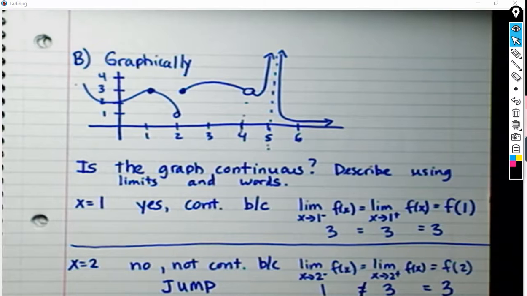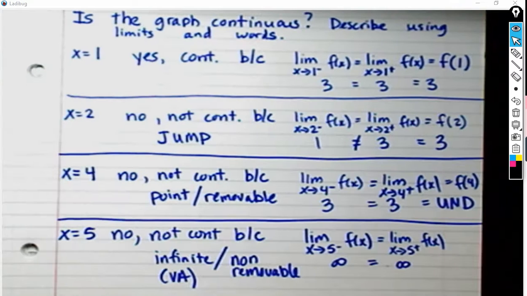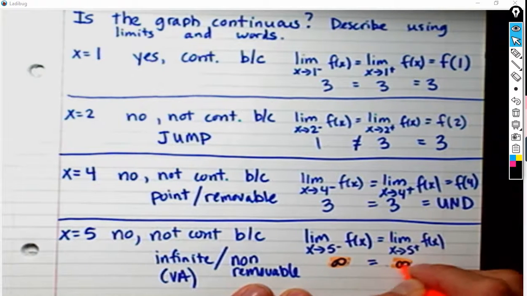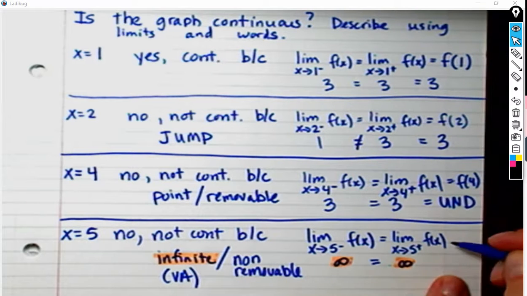Lifeline. Infinity. Thank you. Okay. Infinity. From the left, the graph is pointing up. The limit as x approaches 5 from the right. Carrie, over here. Yes, infinity. So the left and the right are actually the same. But because of the infinity, that's why we get the infinite discontinuity.